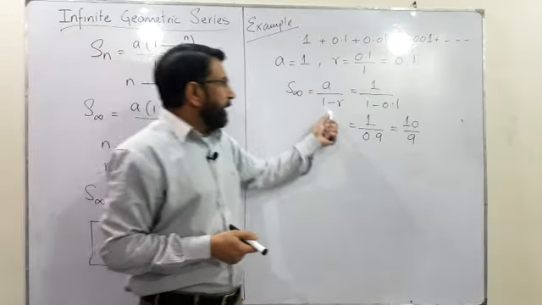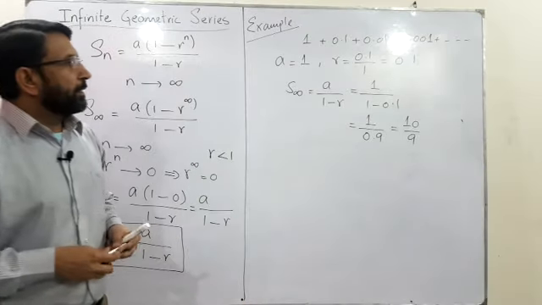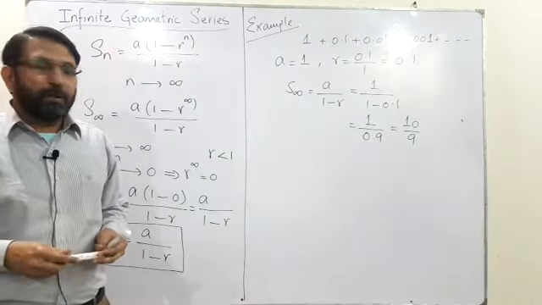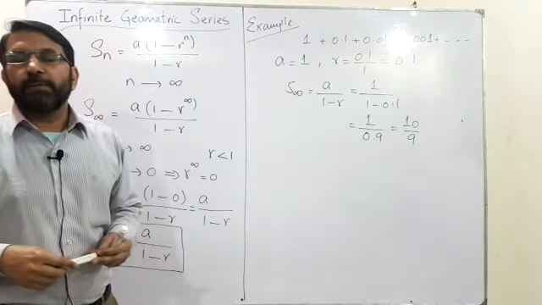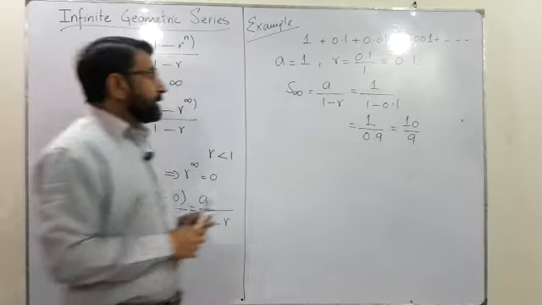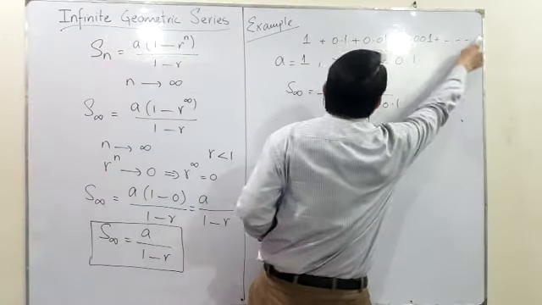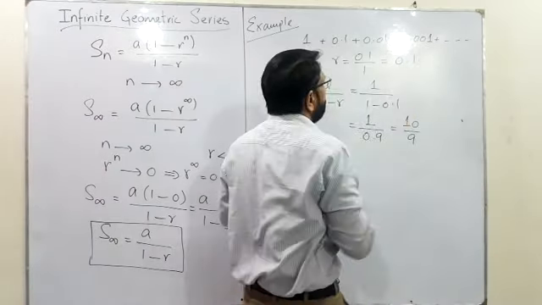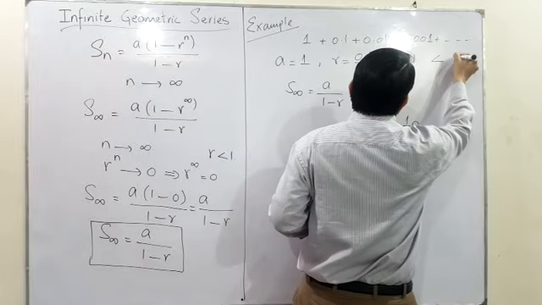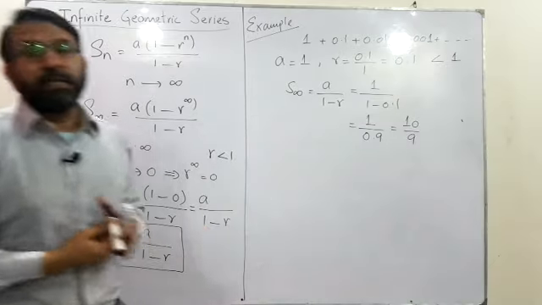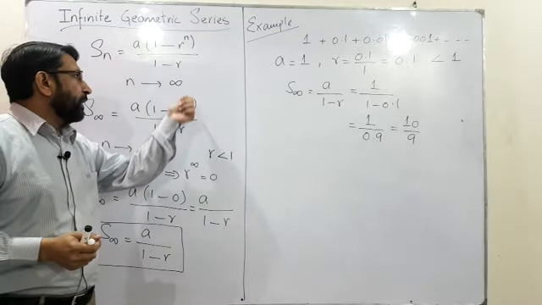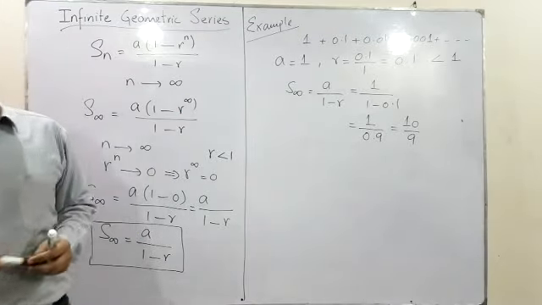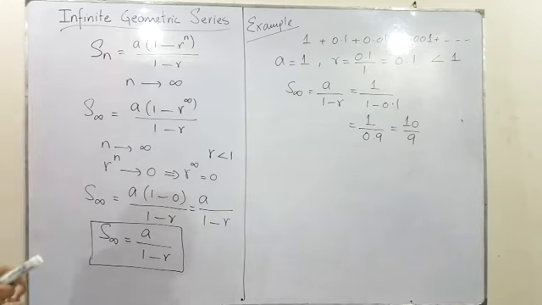Now this is a way we can find that the sum of an infinite number of terms gives us a specific number. But in this case the value of r is always less than 1, because if r is more than 1, then this will go to infinity and we will not be able to find a specific number.